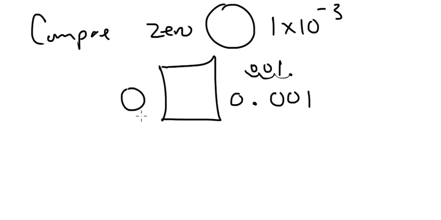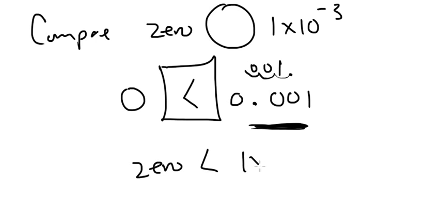So now I'm comparing 0 with 0.001. Which number is larger? Well, even though this number is very small, because there's a 1 in it, it's going to be bigger than 0. So 0 is less than 0.001, or 0 is less than 1 times 10 to the negative 3.